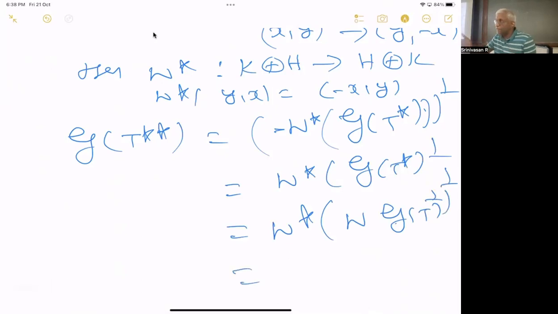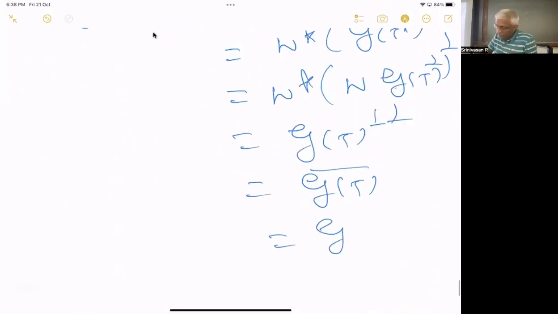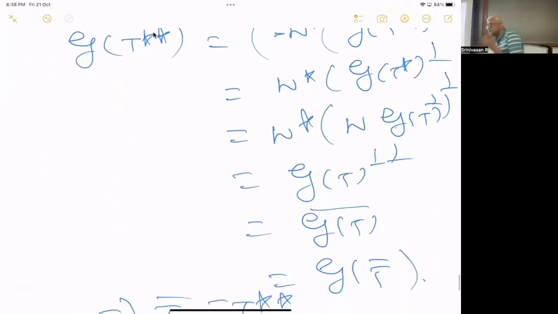You can take the W everything out, and W star W is 1. So this is just the graph of T double perp, which is equal to the graph of T closure. That's all. So this implies T closure equals T double star. In particular, if T is closed itself, T equals T double star.